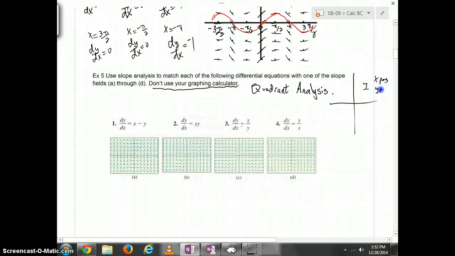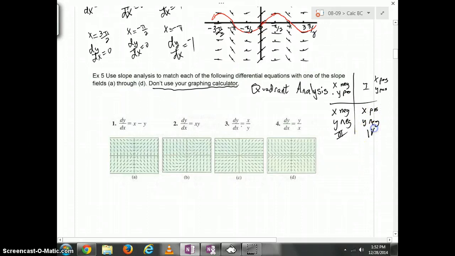y is positive. In the second quadrant, we'd have x is negative and y is positive. In the third quadrant, we'd have x is negative and y is negative. And finally, in the fourth quadrant, you can see more or less that x would be positive, but y would be negative.